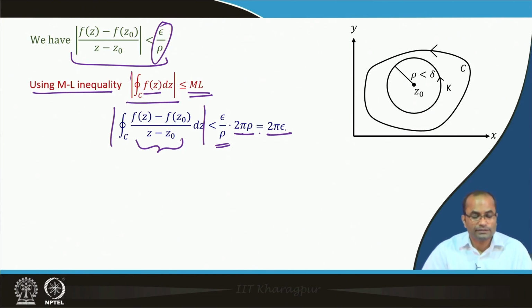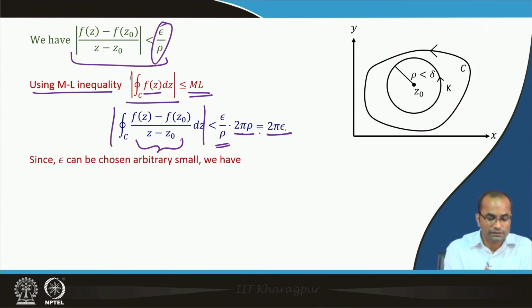Now the absolute value of this integral is bounded by 2 pi epsilon, and we should note that this epsilon was arbitrary. From the continuity of f(z) we said that this holds for a given epsilon, so epsilon can be chosen arbitrarily small.